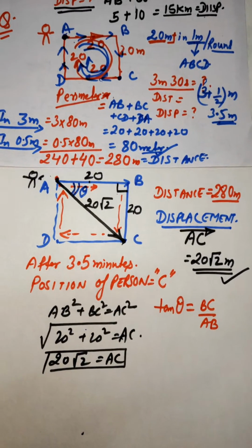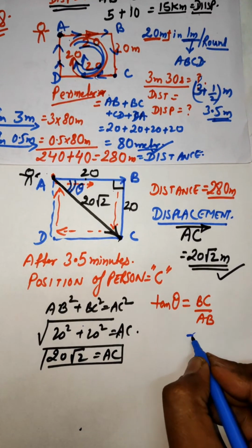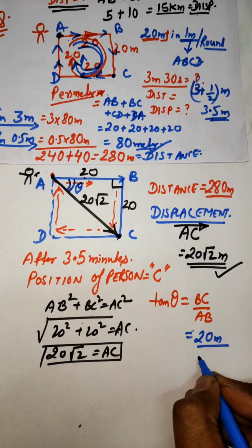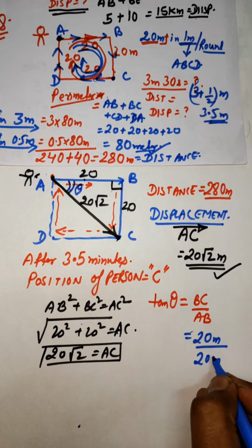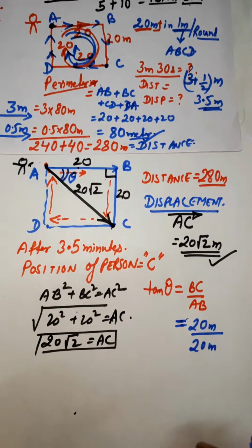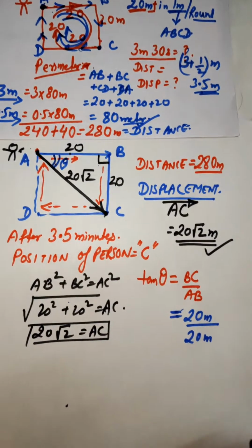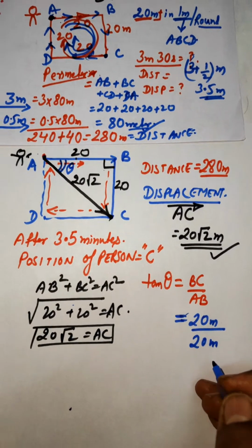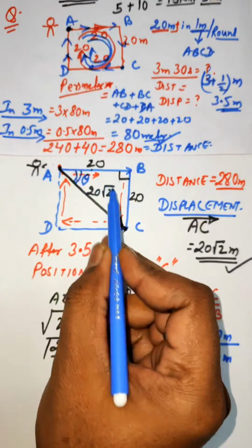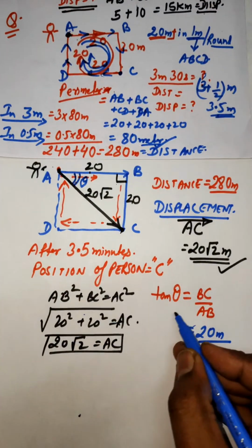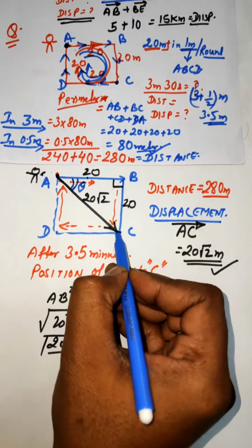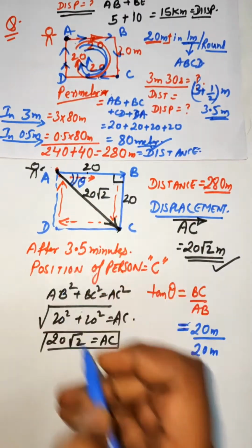And what is the value of BC? BC is 20 meter, being a square path, and AB is also 20 meter. I am writing circular because recently I have put a source of distance and displacement based upon the watch question, so I am remembering that one. Okay. So this is a square path, you can see. So tan theta will be 20 meter, this distance, divided by AB, this distance.